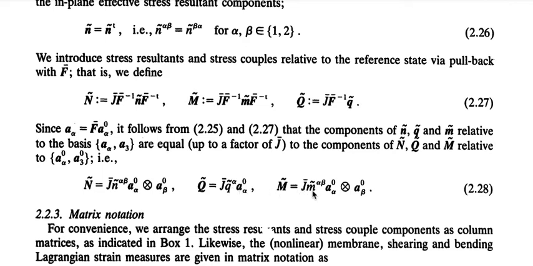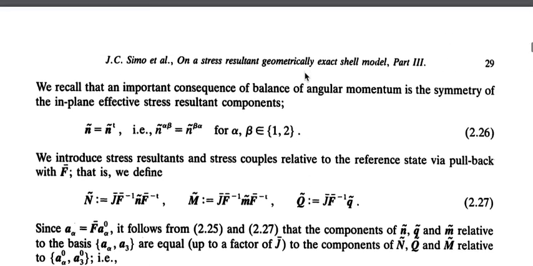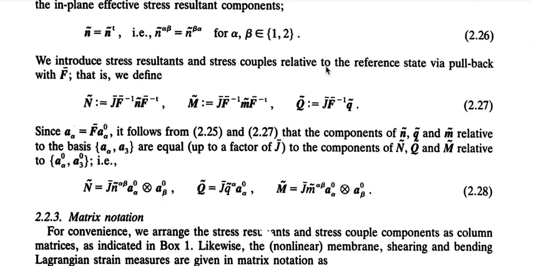Okay, similarly q will be q tilde alpha a alpha, and m will be m tilde alpha beta a alpha tensor product a beta. Now this is in part 3, by the way, page number 29, and here again the same thing is explained again.